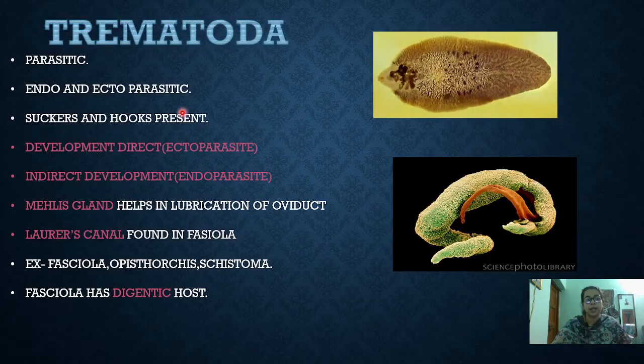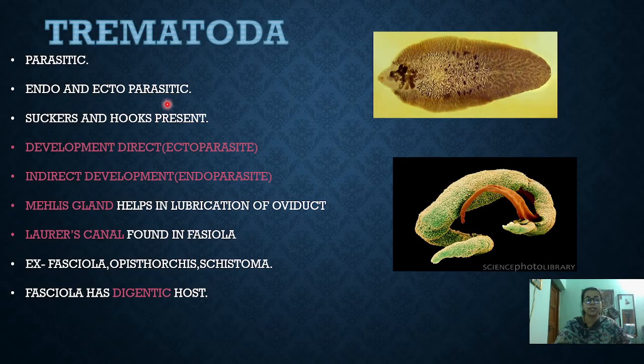Next, moving to the next class, Trematoda, they show the parasitic mode of life. Parasitism is again of two types: endo, inside the body, and ecto, outside the body of the host. If they undergo parasitism by living externally on the body of the host, it is known as ectoparasite. If they live inside the body of the host, it is known as endoparasite.